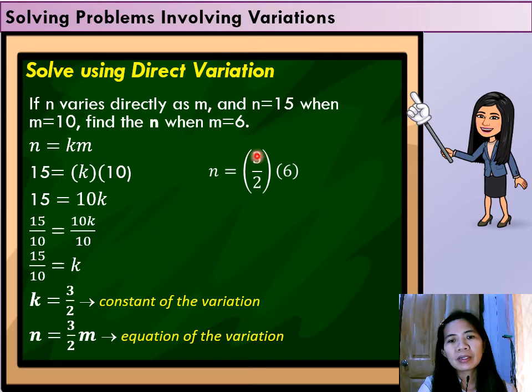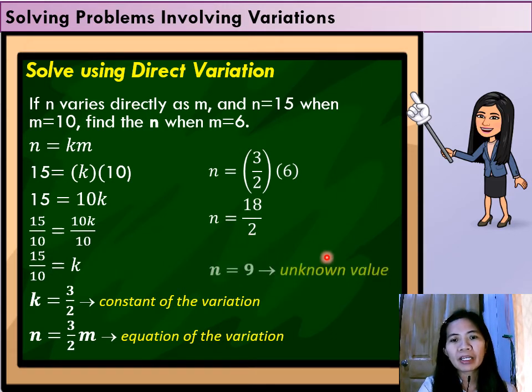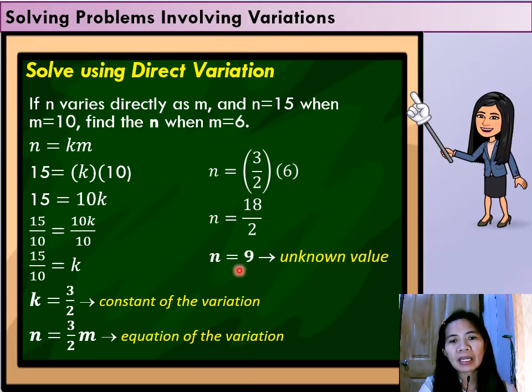Simplify, 3 times 6 is 18 over 2. So n equals 18 divided by 2, and the value of n is 9. So if our m is 6, the value of n is 9.